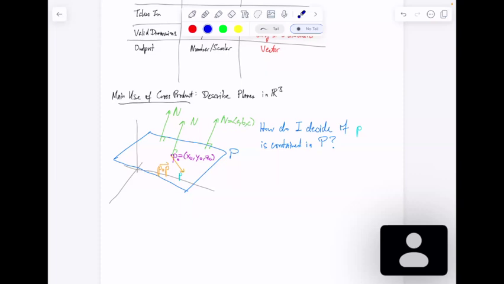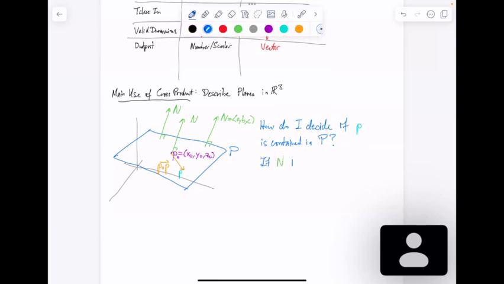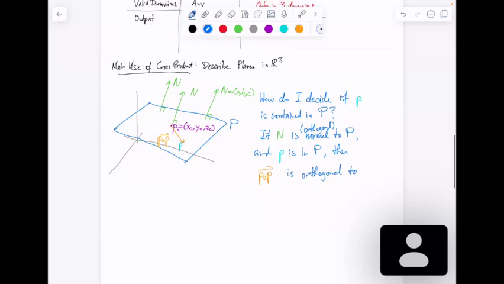Is the angle less than 90 degrees, equal to 90 degrees, or greater than 90 degrees? This is exactly 90 degrees. So if n is normal to P, normal just means orthogonal, and p is in my plane P, then the vector p0p is orthogonal to n as well. Okay, so what does this tell me?